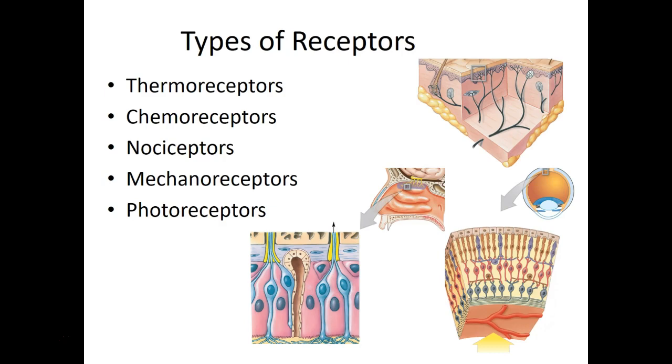And then let's take a look. These are photoreceptors, at the back of your eye. We'll talk more about these when we get to special senses. And then a lot of the thermal receptors, chemoreceptors, and nociceptors we can find in our skin, as well as other places. Right? Does that make sense to folks, these terms, and what type of information they're gathering to send so that there's a response?